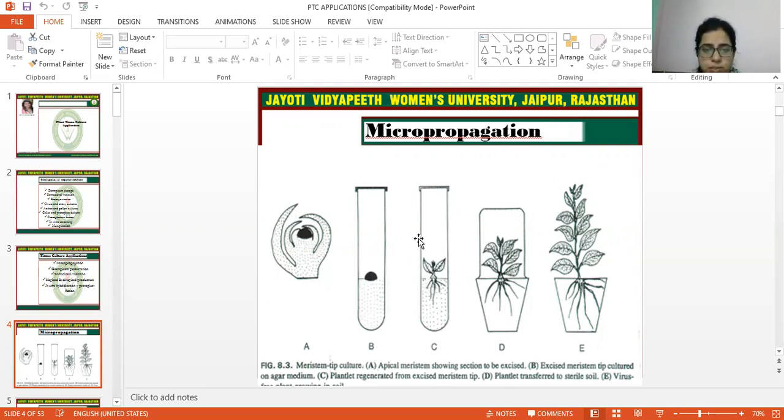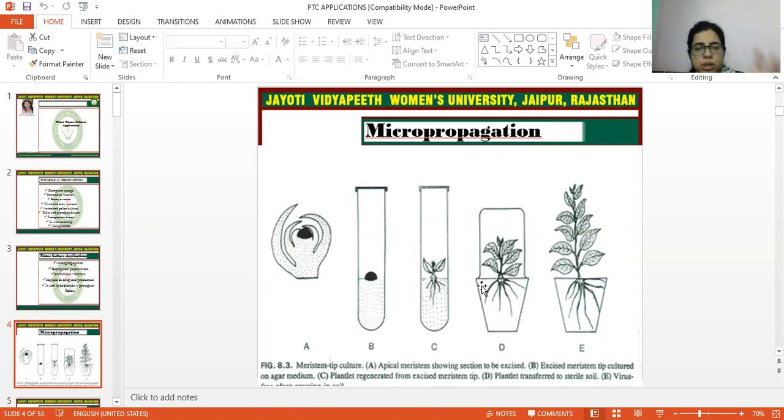Basically, you shift the plantlet into a sterilized cocopeat mixture and cover it with a poly bag that has aeration holes. Give it distilled water, and you can also add MS by 4, meaning one-fourth strength liquid nutrient medium, into this cocopeat for optimum growth of the plantlet.